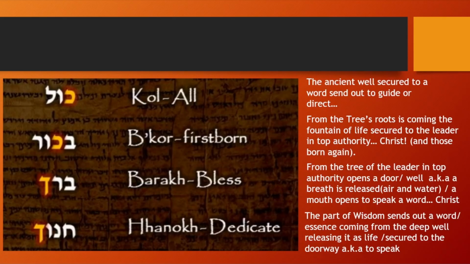If you see the Hebrew letter kaf in a word for like all, then it means the ancient well secured to a word sent out to guide or direct. Then you know everybody, all, is going in that direction. It's like a fountain. If the fountain is going up, do you think some of the water in the fountain is going to go down?